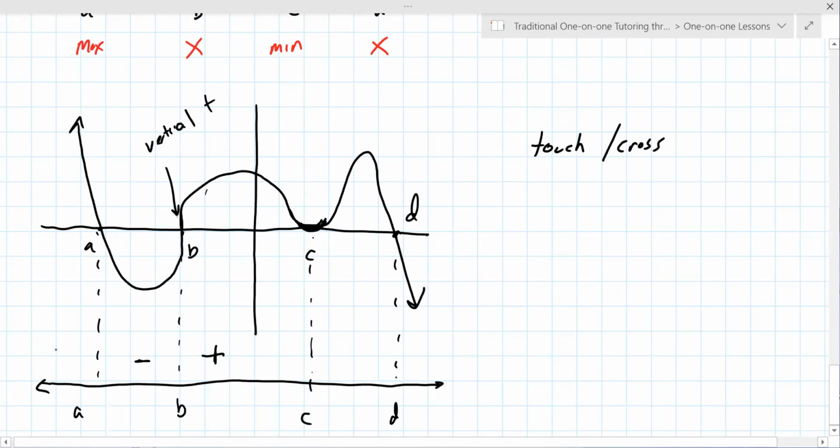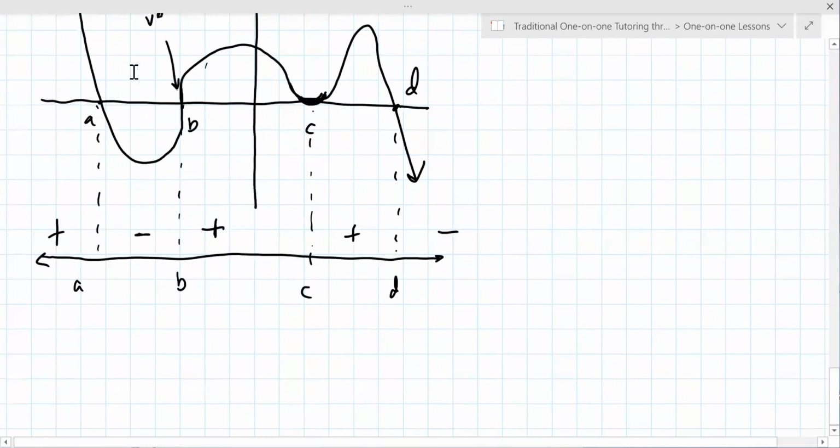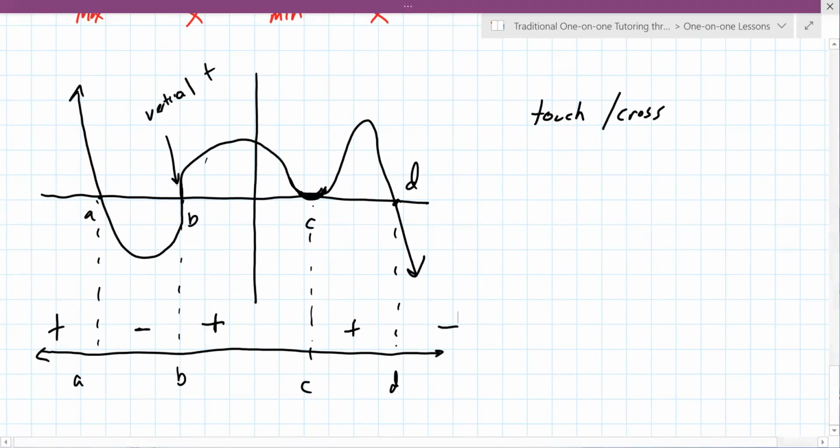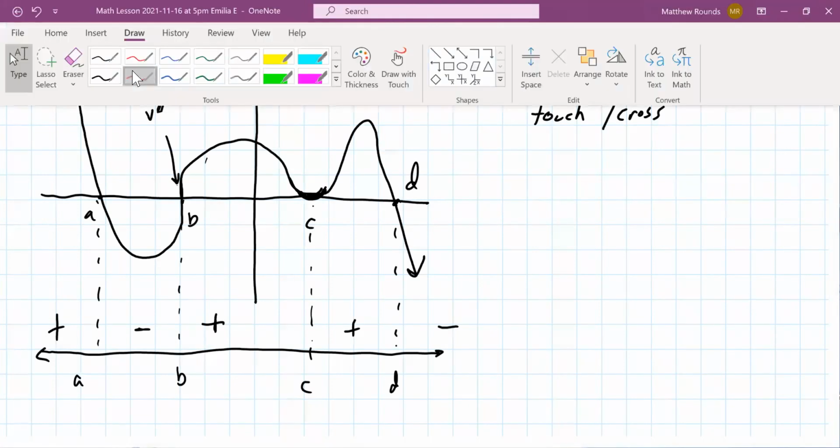So B is nothing, you ignore B. You can't do anything at B. So there are two maxes, A and D, and nothing at the others.